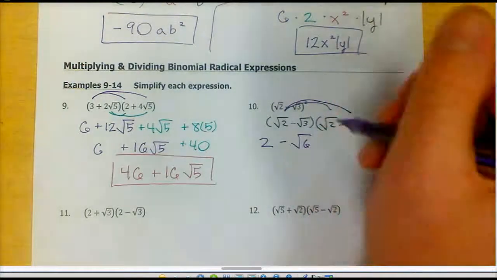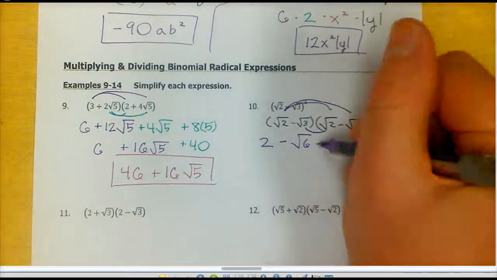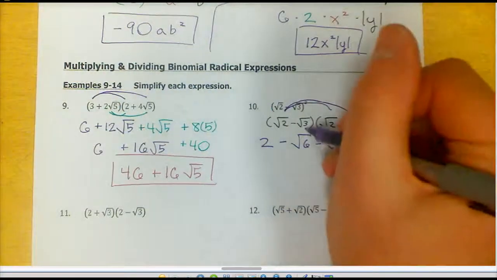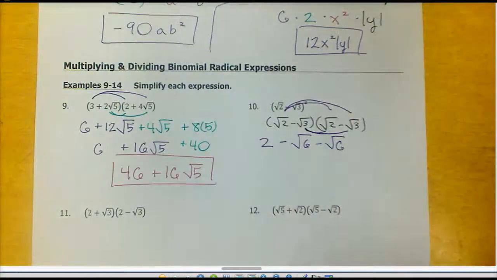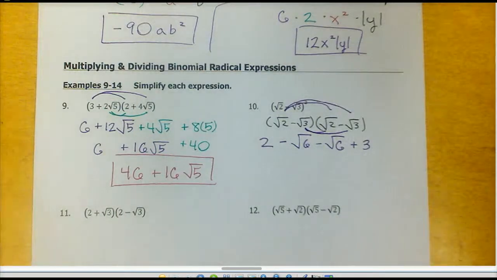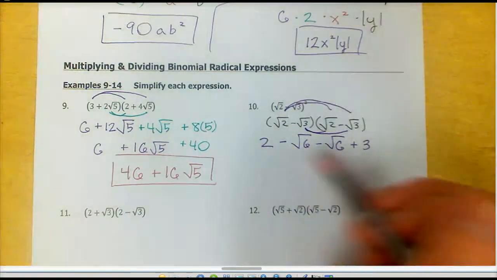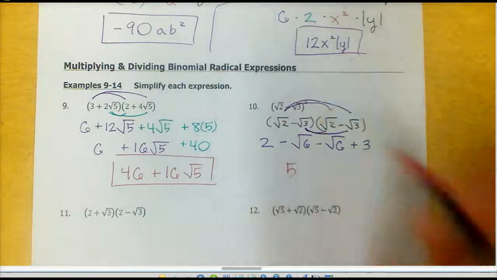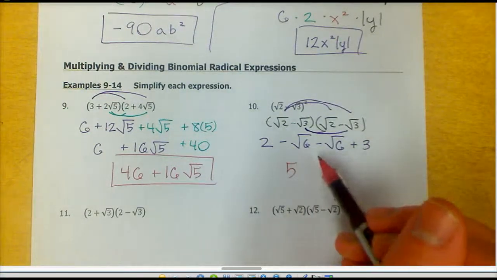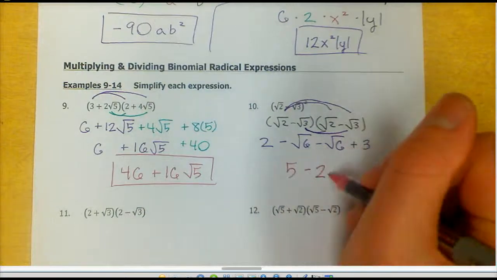We get the same thing on the inside, another minus radical 6. And then finally, negative radical 3 times negative radical 3 is going to be positive 3. So we have 2 plus 3, which is 5. And then in the middle, we have a negative radical 6 minus radical 6, which is going to be minus 2 radical 6.